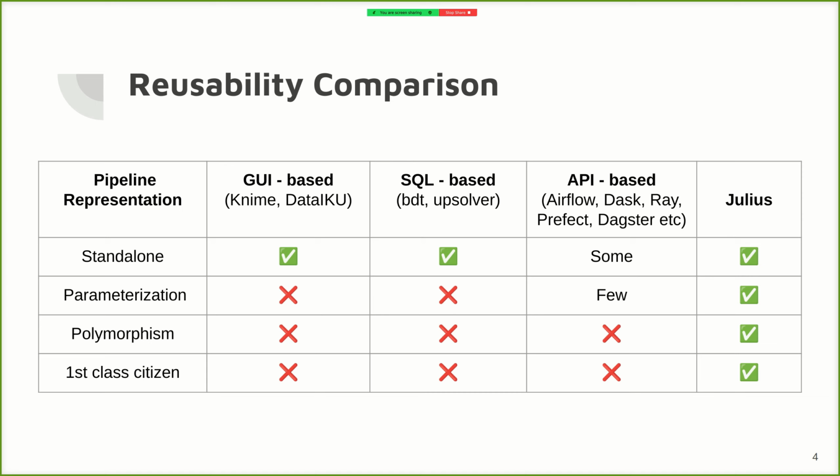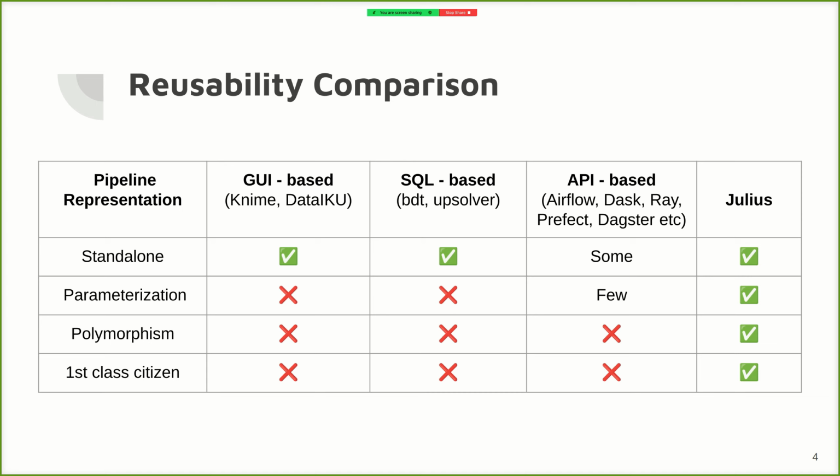Another very popular and common way to create a pipeline is through programming APIs, such as Airflow, Dask, Ray, Prefect, Dagster, etc. These tools are commonly based on the Python programming language.